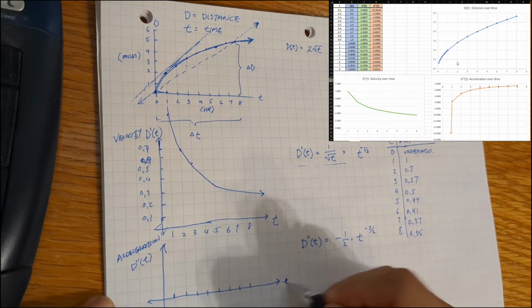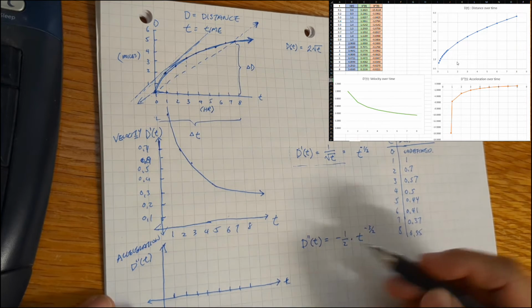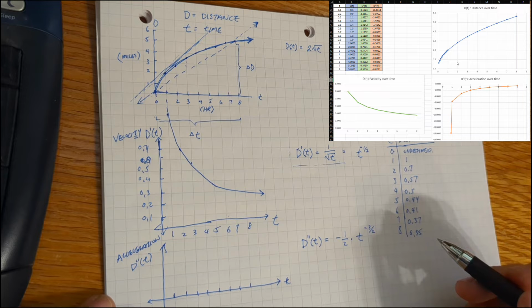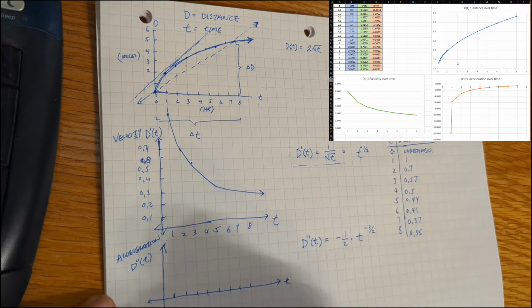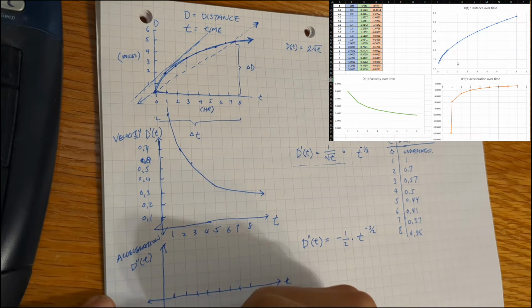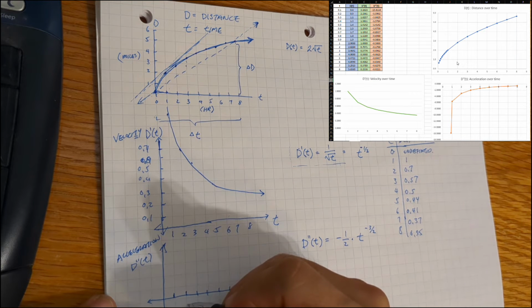This again is t. If you plot this out, you're going to get a graph that looks something like this. At 1, it's going to be at -0.5, and jumps to 0.17.